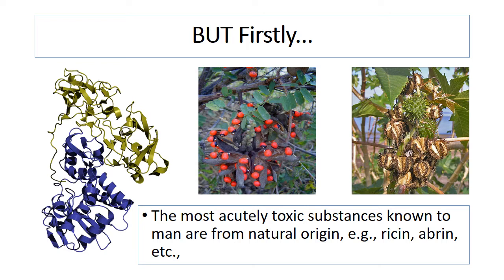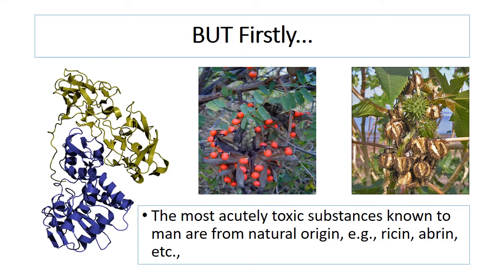Ricin, which has been used in some political assassinations, is derived from the castor bean, the Ricinus communis plant. And abrin, equally toxic, if not slightly more, is derived from Abrus precatorius, the rosary pea or seed, whatever it is called.